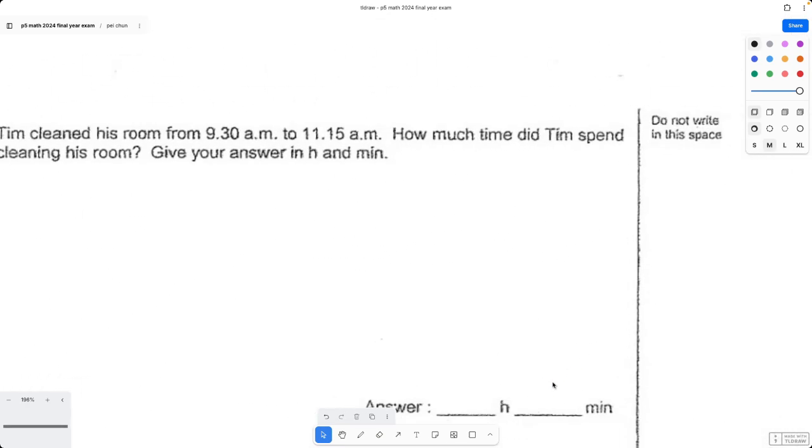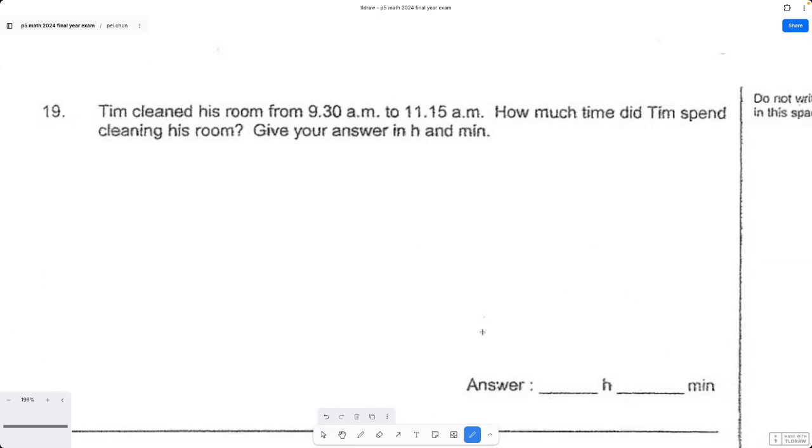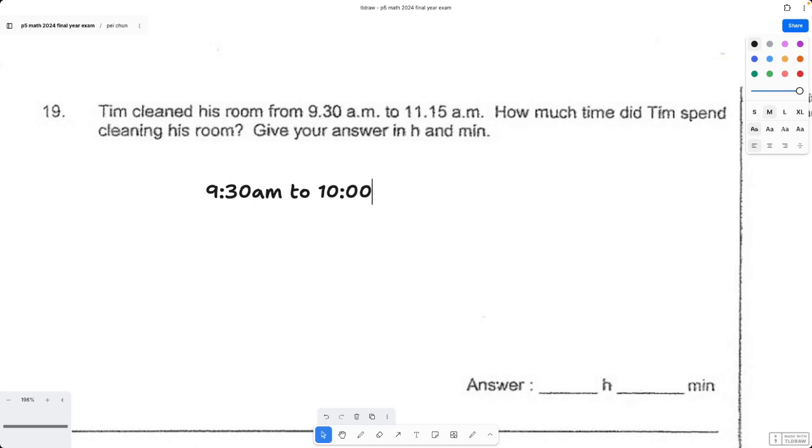Question number 19. Tim cleaned his room from 9:30 a.m. to 11:15 a.m. How much time did Tim spend cleaning his room? From 9:30 a.m. to 10:00 a.m. is 30 minutes.